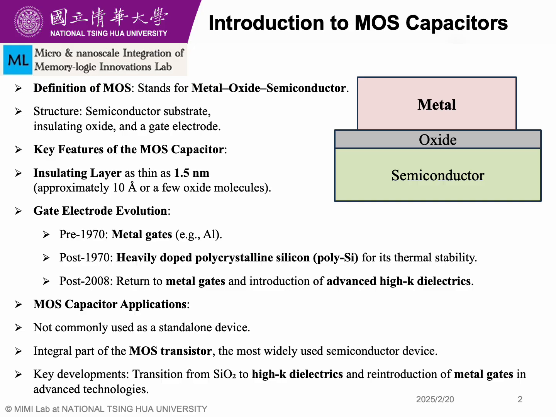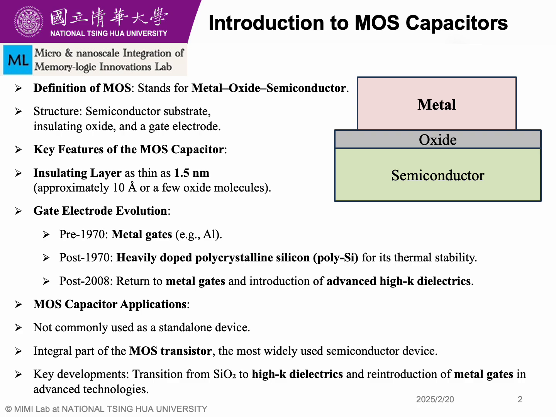The key developments in this area include the transition from traditional silicon dioxide to high K dielectrics and the reintroduction of the metal gate in advanced technology. These advancements have paved the way for more efficient and powerful electronic components.